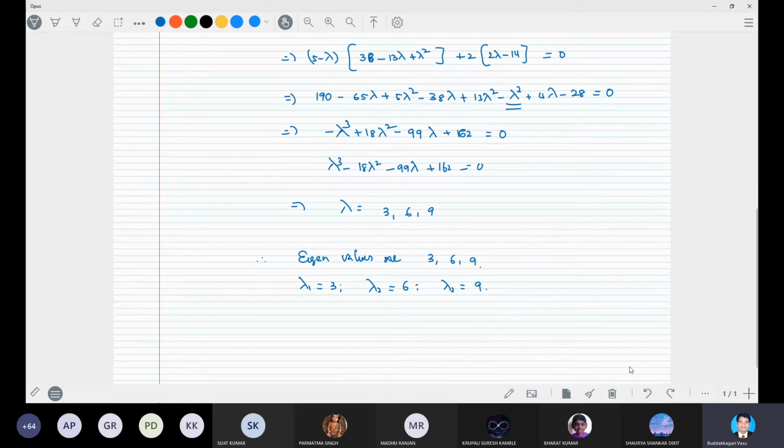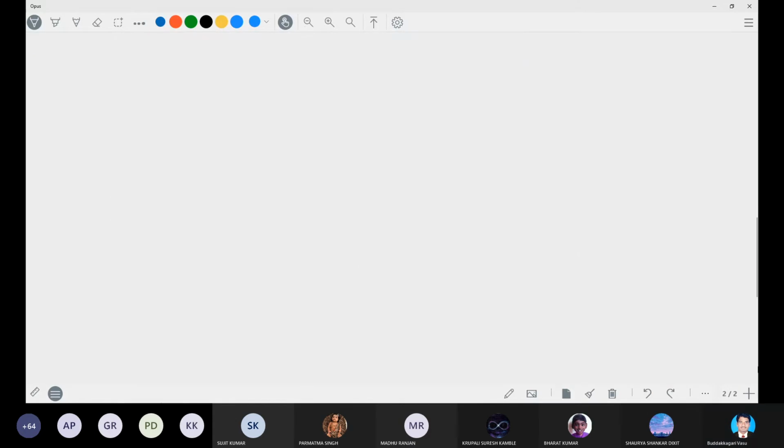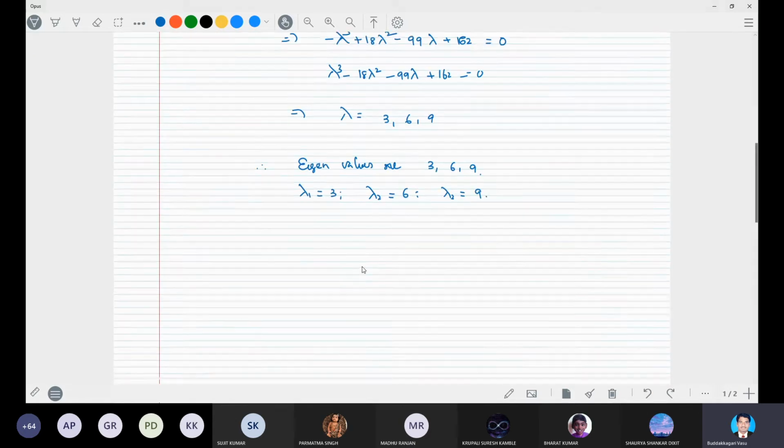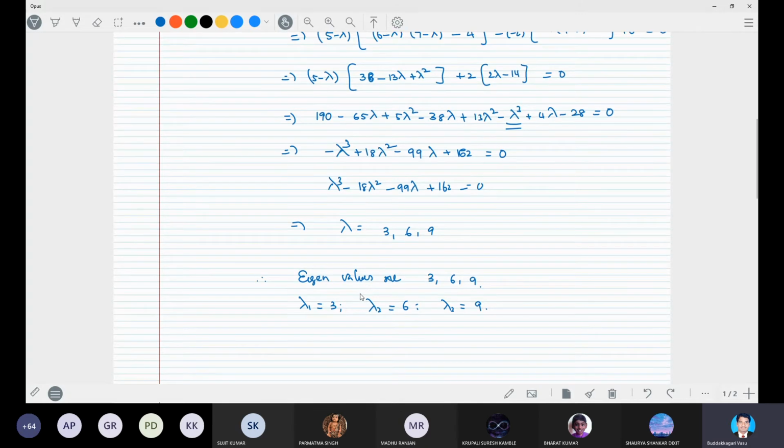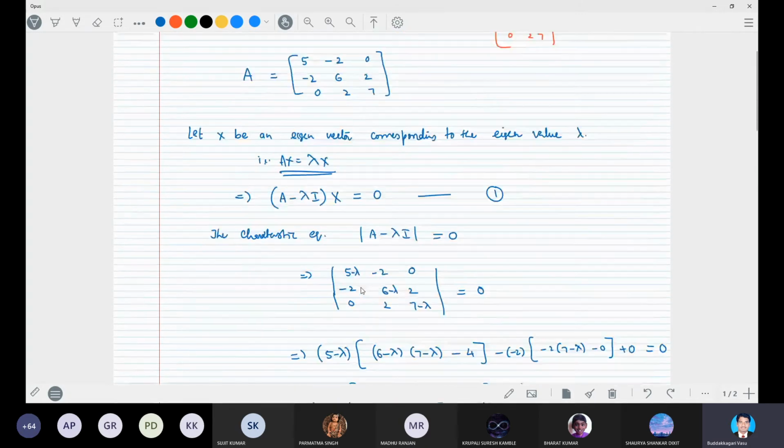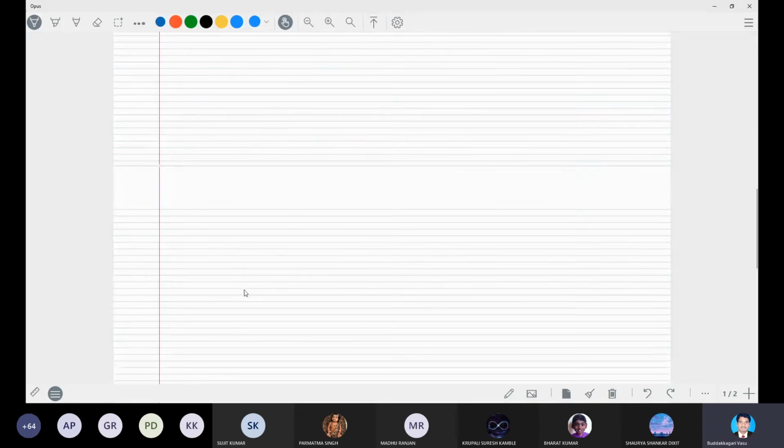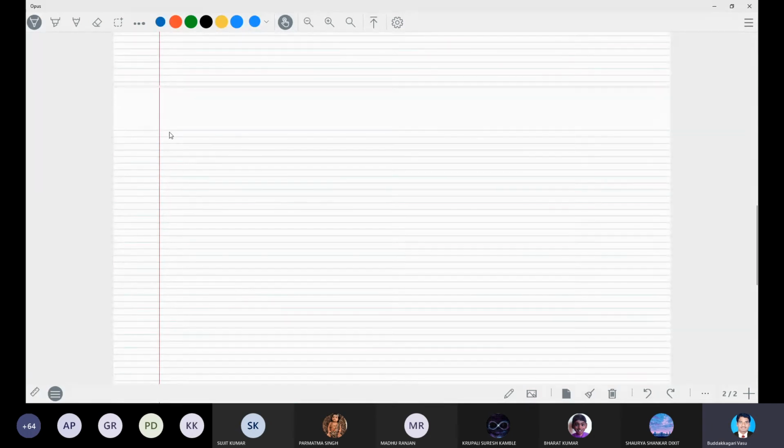Okay. So now to find out the eigenvectors, how can we find the eigenvectors? Eigenvectors are the solutions corresponding to each eigenvalue. Okay, these are the eigenvalues. Now finding eigenvectors corresponding to each eigenvalue.